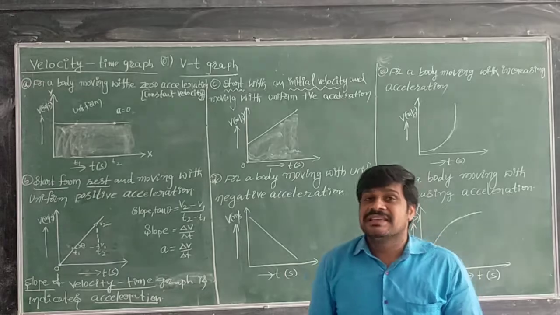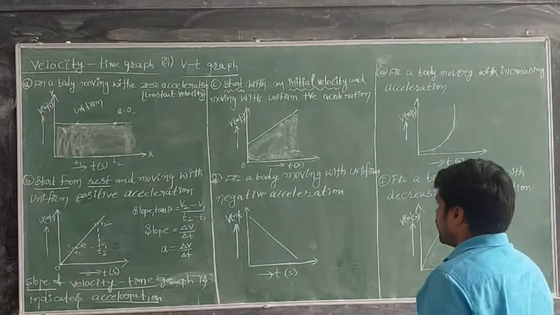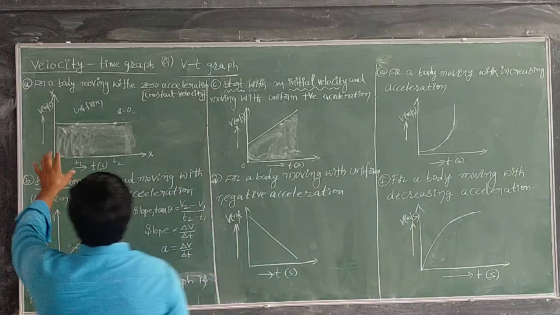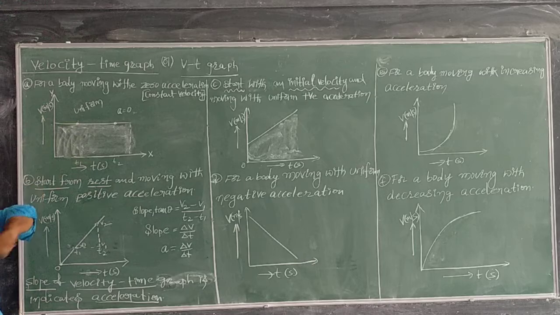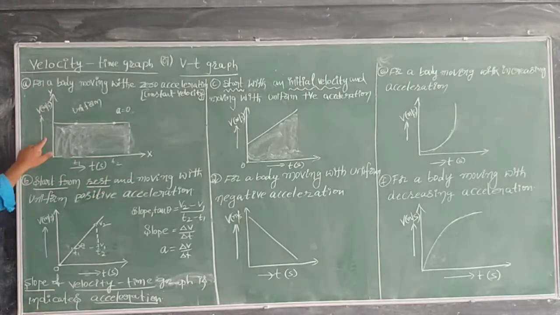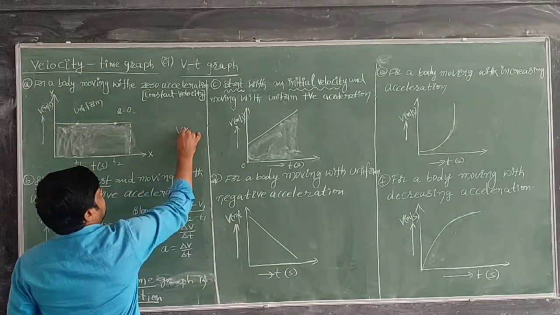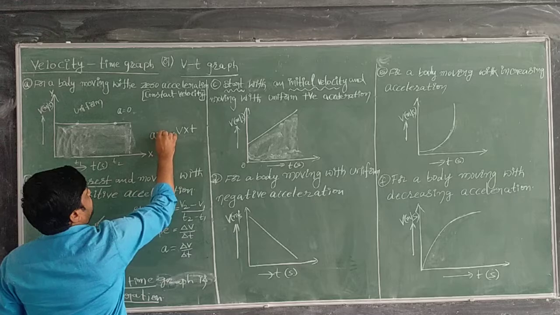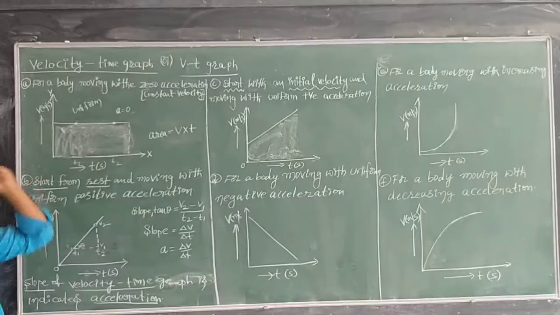What does the area of the velocity time graph indicate? If you consider this as a rectangle or square, the area is length into breadth. So V into T is the area. The area of the graph is equal to velocity into time.